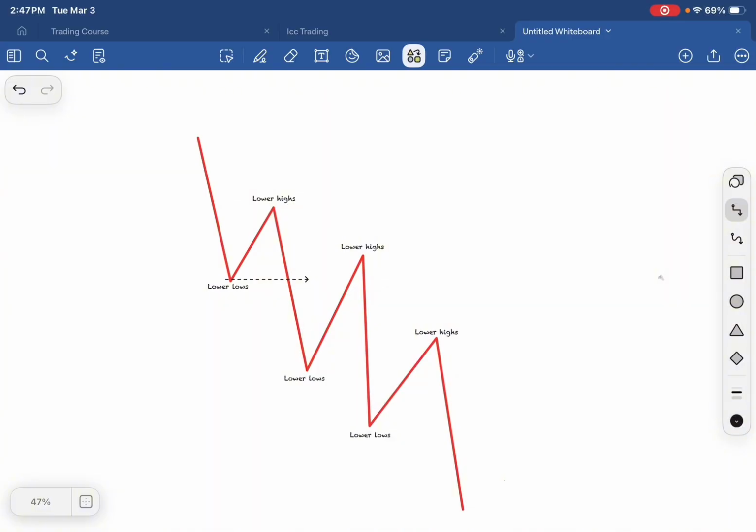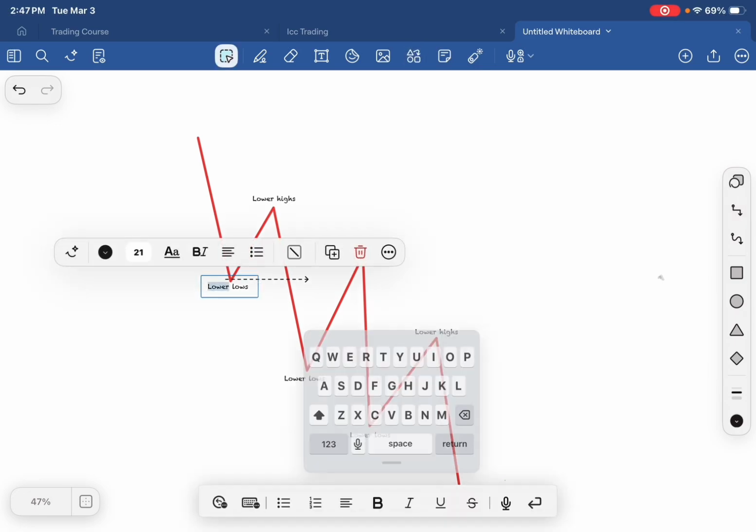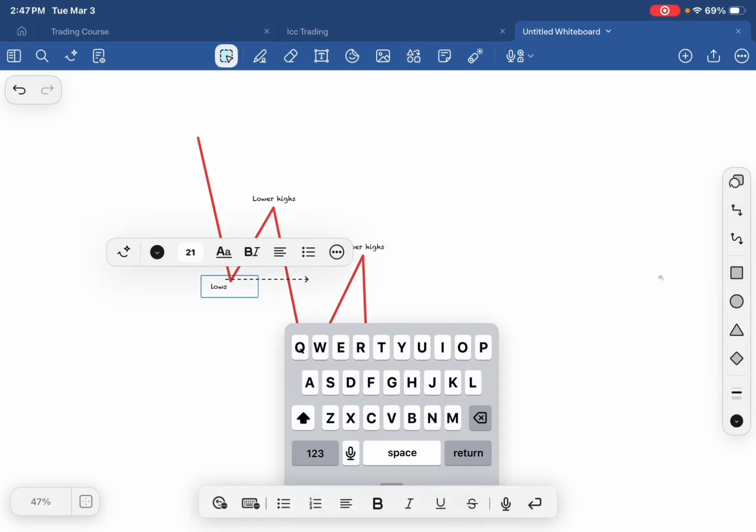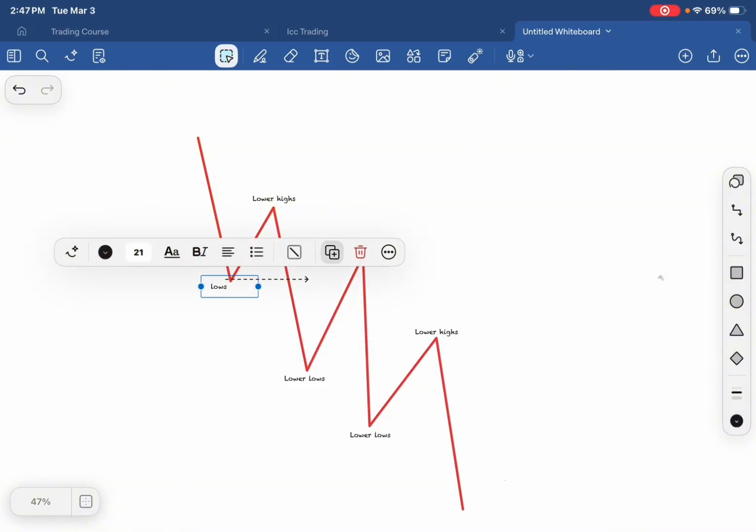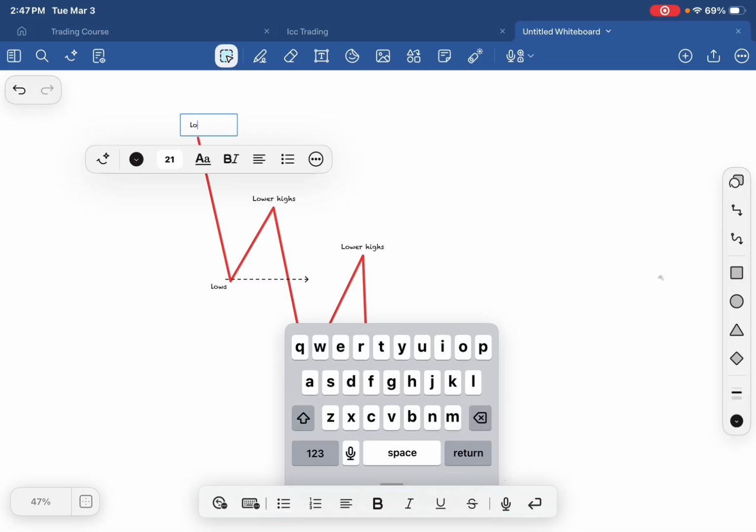So first, we create the low. This is not even supposed to be a lower low. This is supposed to be a low. And this up here is supposed to be a high. So we have the high, we have a low.